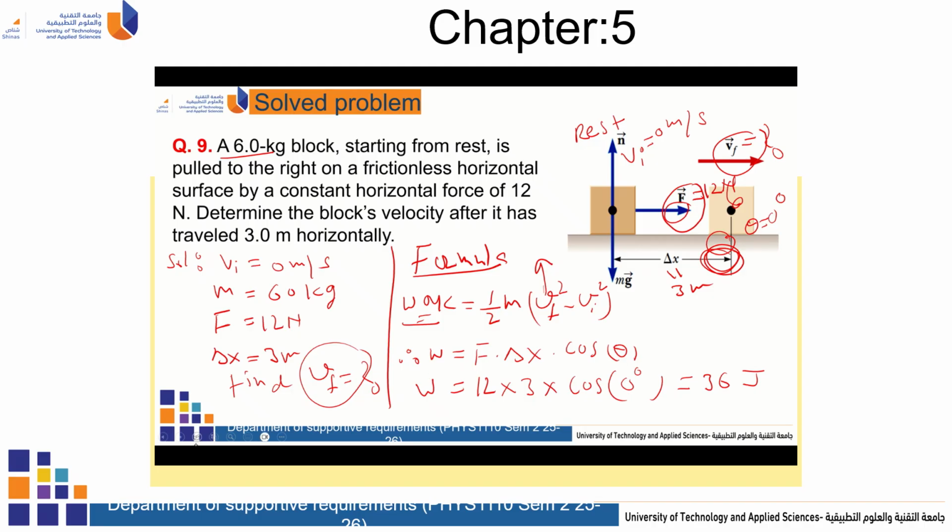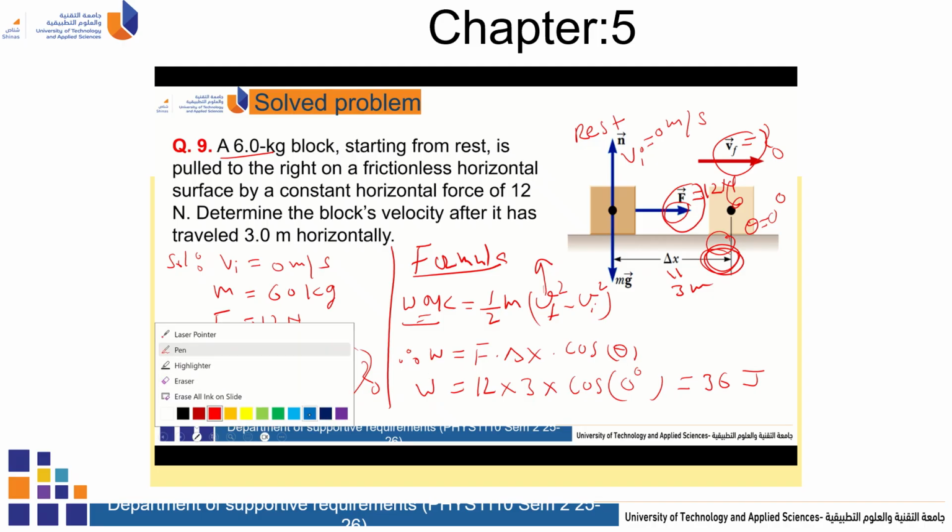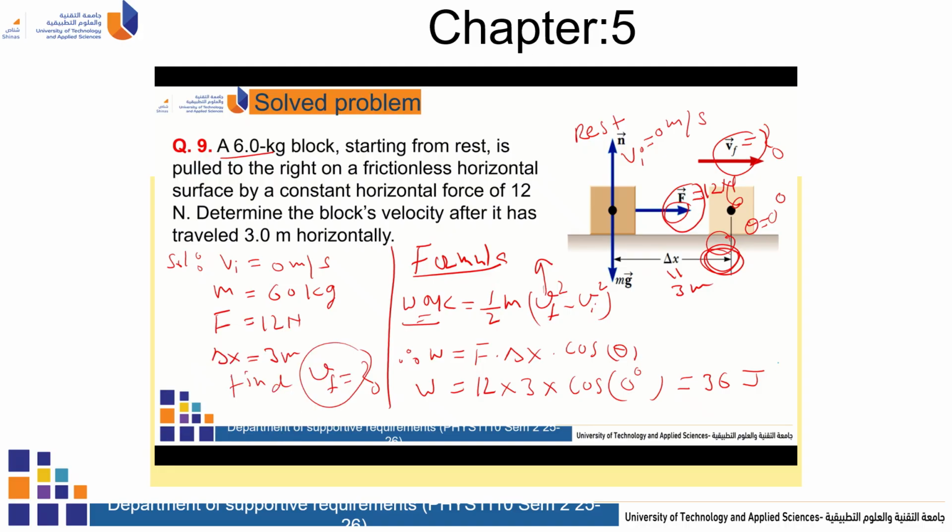So now I will put this work value, 36, in this equation. If I say this is equation number 1, in this equation I will put the value of the work, that is 36 joule.